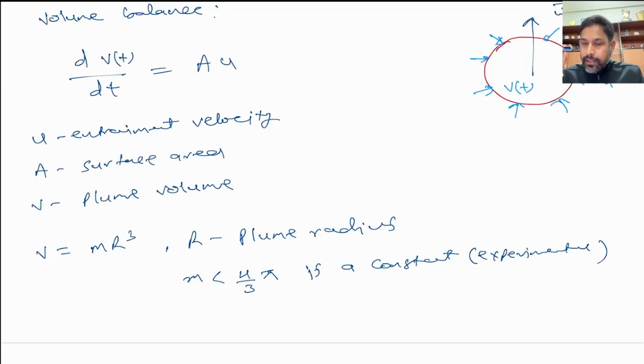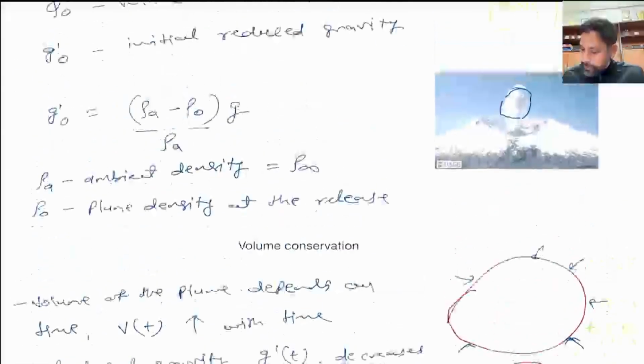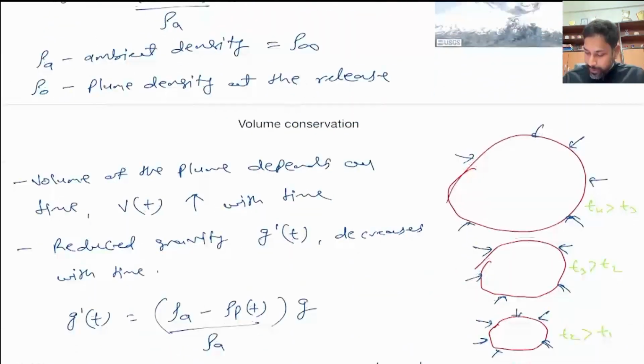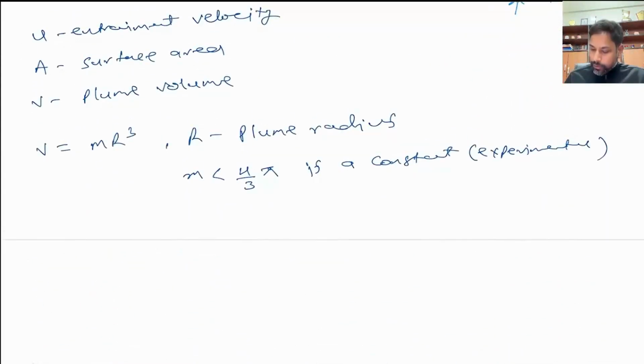Because we know that the plume that we observe here, like in this case or this case, is not a perfect sphere, right? We can see it has a distorted shape. It looks like a sphere, but it's not a perfect sphere, right? And that is why the volume of the plume cannot be simply defined as 4 by 3 pi r cube. The volume will be a little smaller than how we usually define the spherical volume, right?